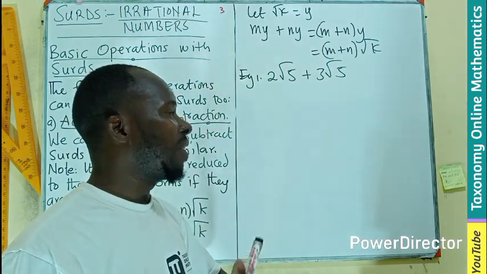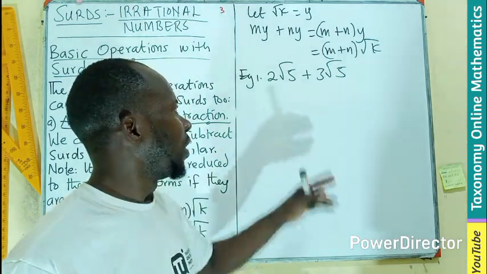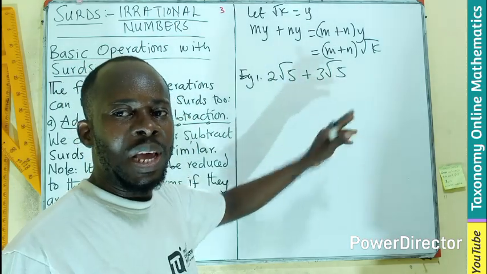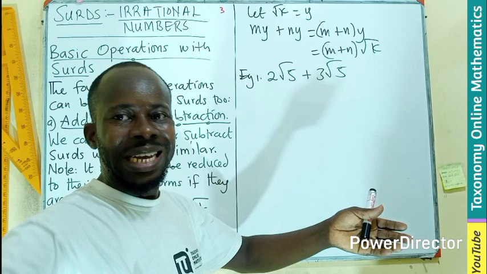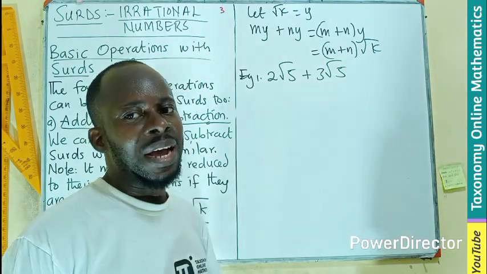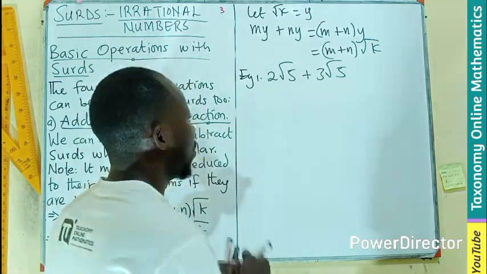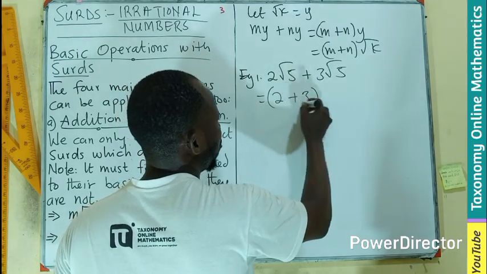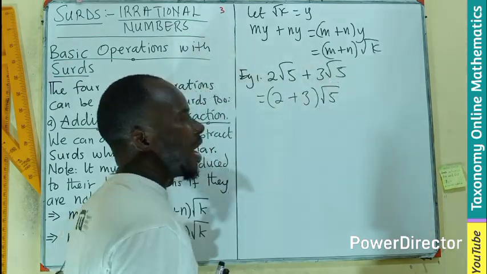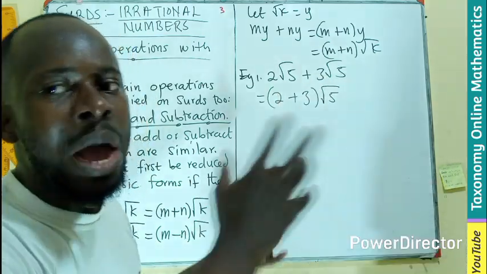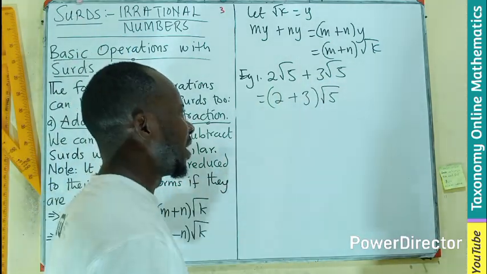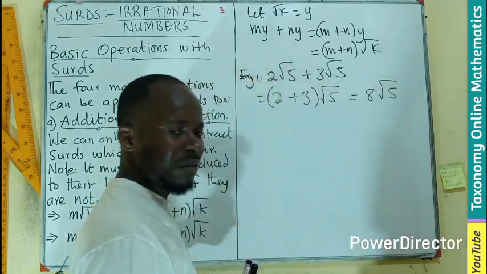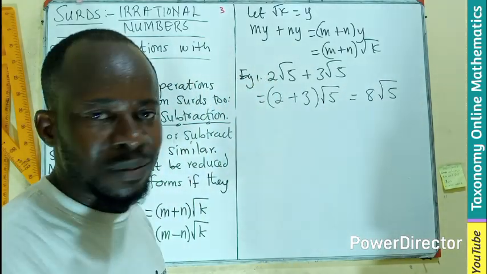So I can pick root 5 as y, meaning 2y plus 3y. That will give me 5y. Then I change the y back into the surd. So this will be 2 plus 3 multiplied by root 5, just like factorizing root 5 out, leaving what is there. And that will give me 8 root 5. Very simple, right? Good.